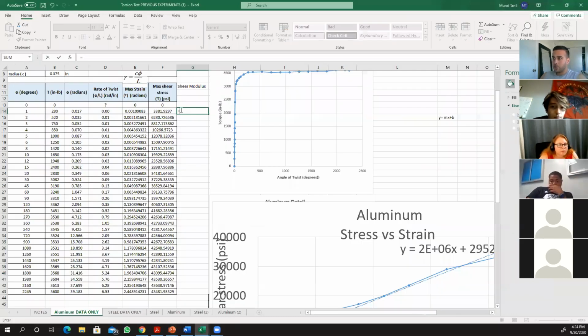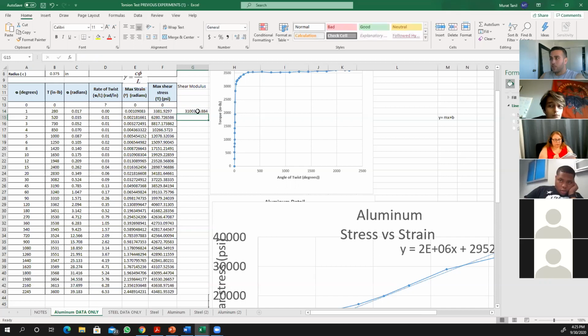So what is the change in the shear stress? This minus this. I'm sorry, this minus shear stress divided by the shear strain. I'm not including the changes because when you subtract 0 from 3381, that's going to give you the same number.